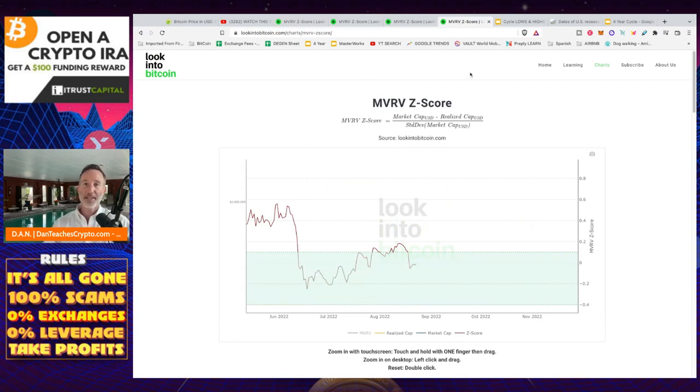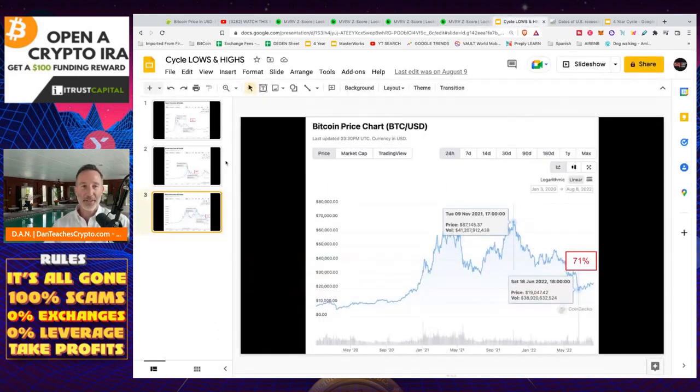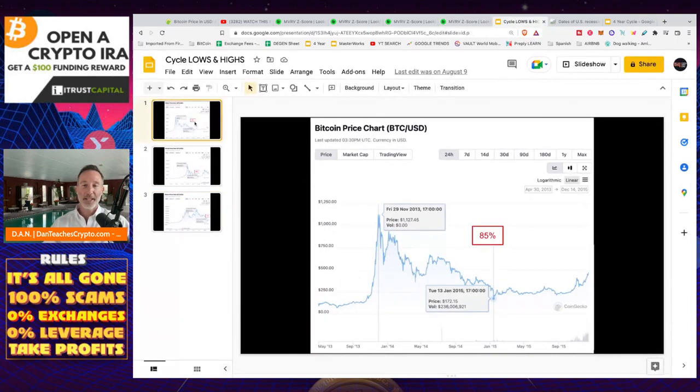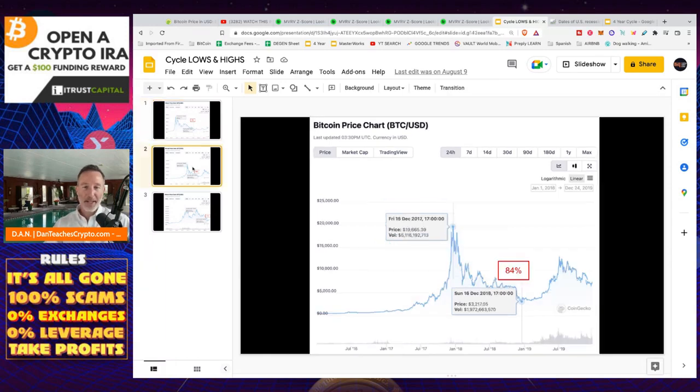And what that means is, when I take a look at the cycle lows and tops, the percentage between the top of 2013, remember that first cycle, $1,127, and the absolute bottom of 172, is about 85%. In the next cycle, between 2016 and 2020, we had a high of almost 20,000 and a low of 3,200, which is about an 84% reduction.